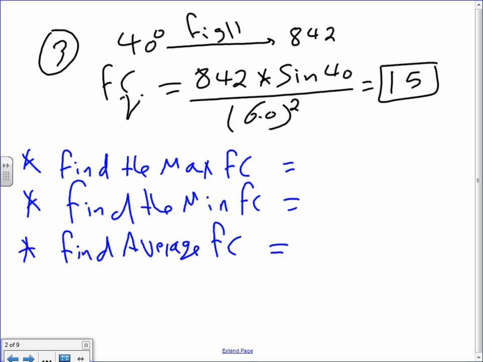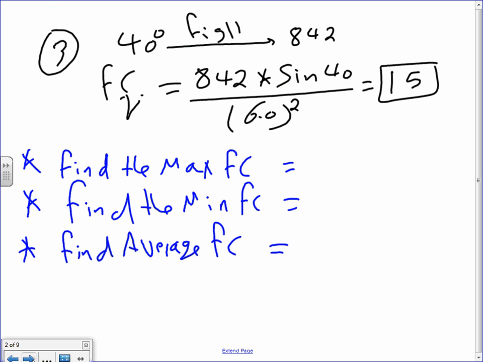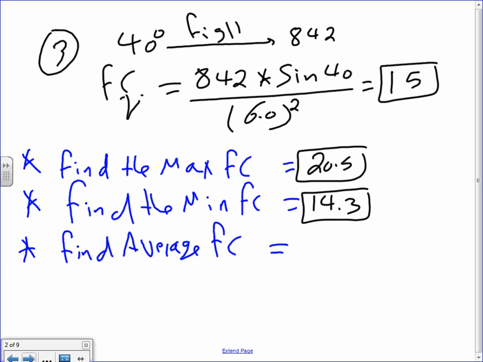Okay, so find the maximum foot candle for that board. Now we have 3 values: 14.3, 20.5, and 15, and I would like you to find the maximum. Everybody understand that the maximum is 20.5 foot candle. The minimum is what? 14.3, at least based on the values that I calculated.